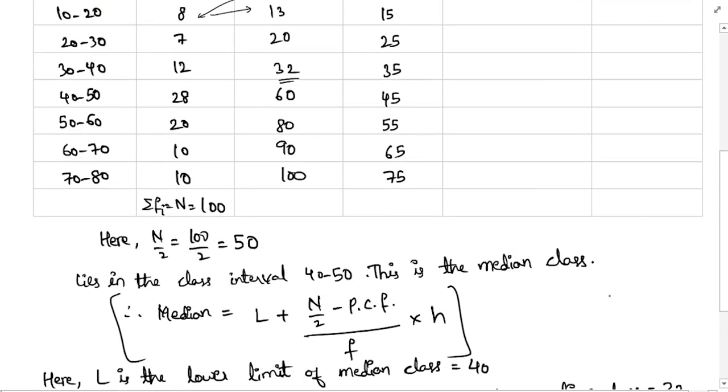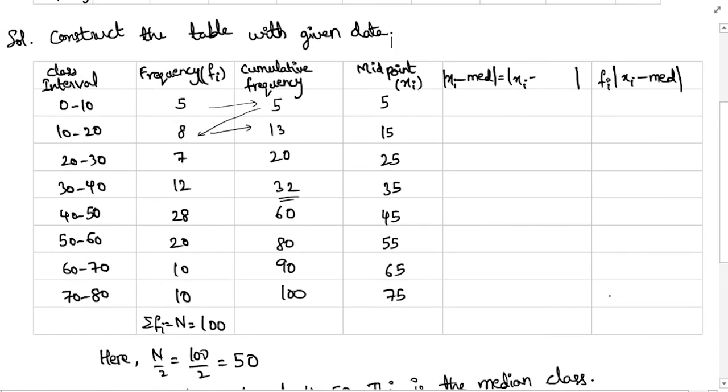So we are going to substitute that value here in this table, that is xi minus median, that is xi minus 46.43. What is the xi here? 5. 5 minus the median, that is 5 minus 46.43. So the value will be 41.43.